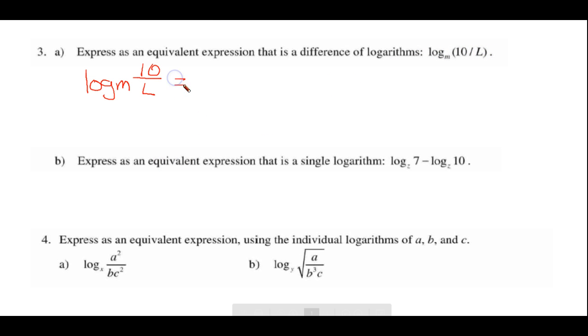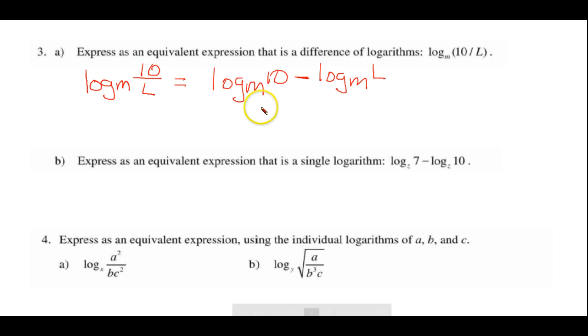So this would be equivalent to log base m of 10. Now, since this is division, we convert that to subtraction, log base m of L. And that is our answer.